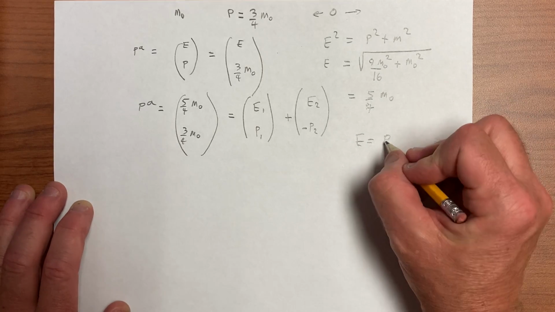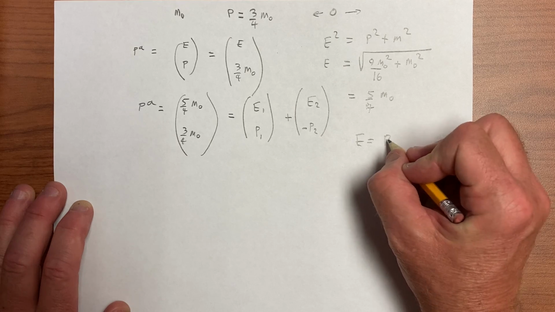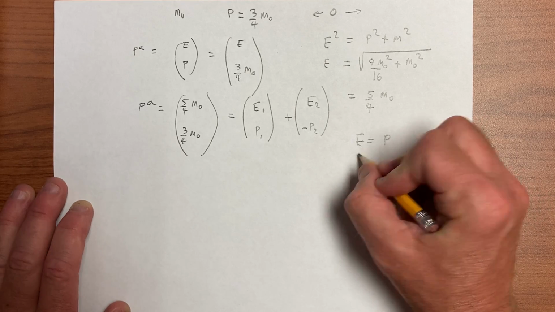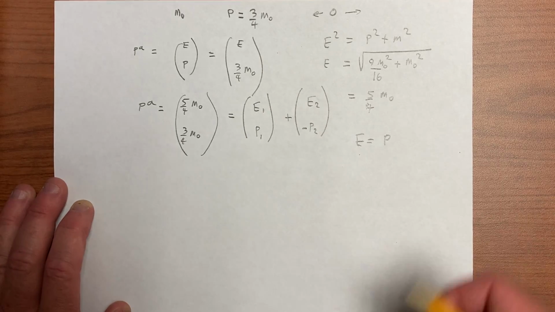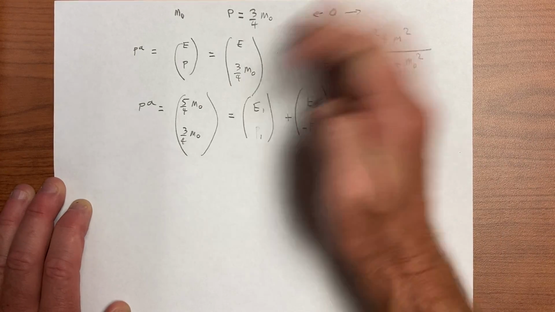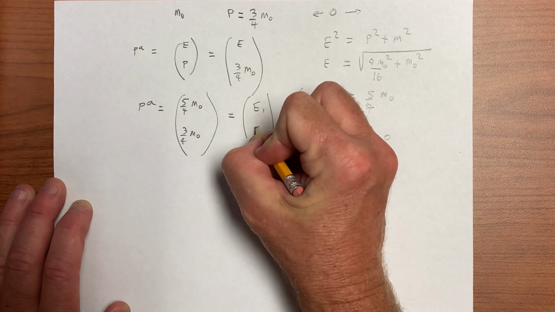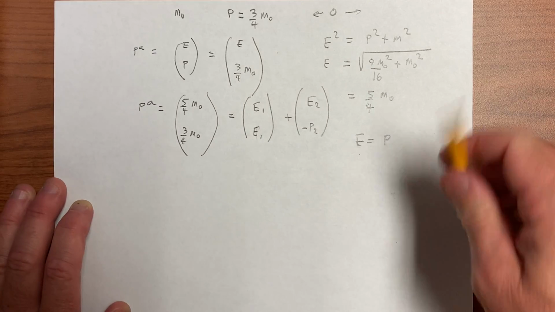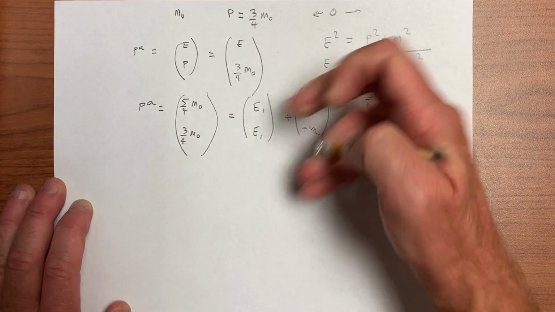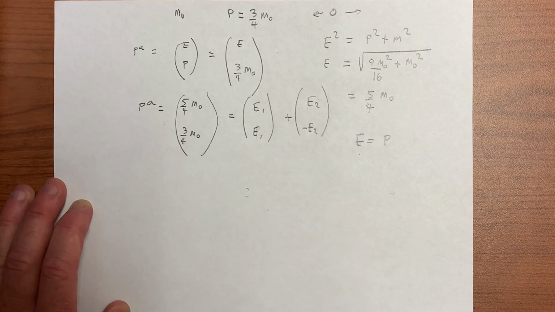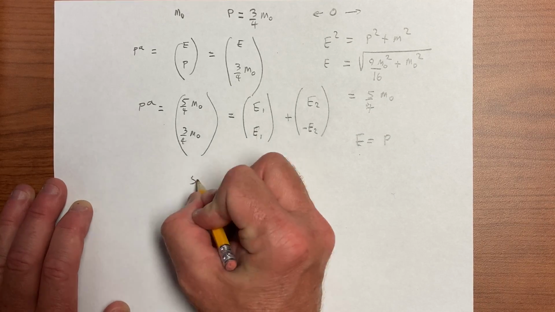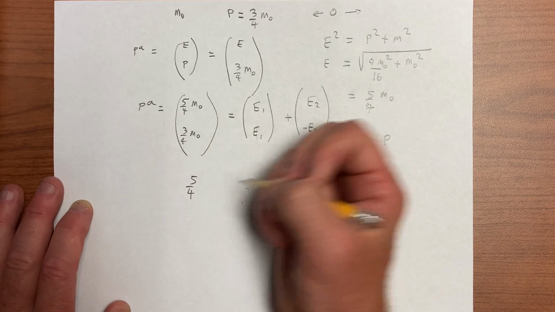So the momentum is really E over c, and so we can replace these just with E. So let's replace this with E1, it's really E1 over c, and this with E2, it's really E2 over c. And so our relationships become 5/4.